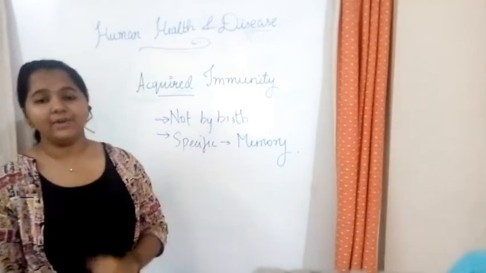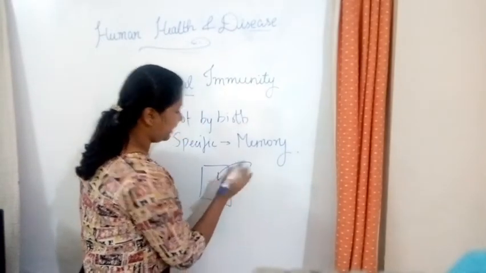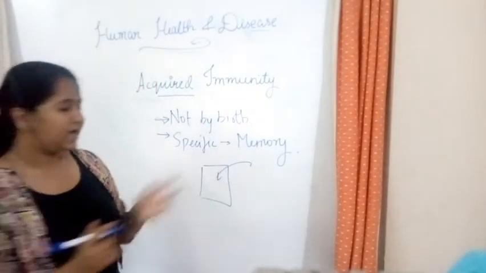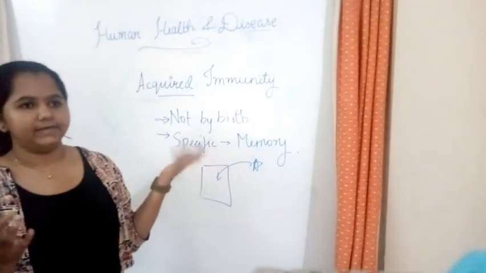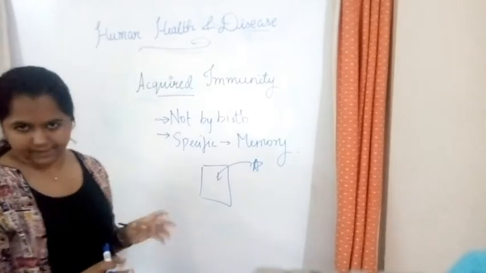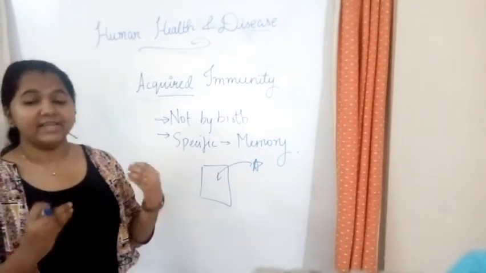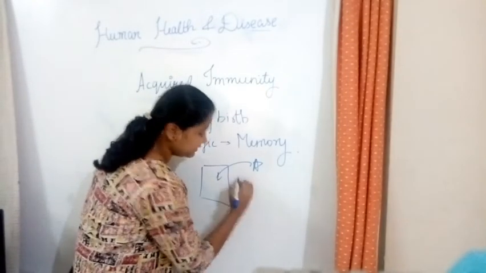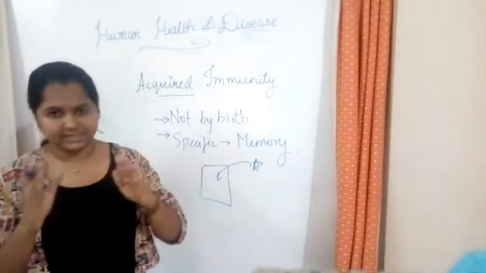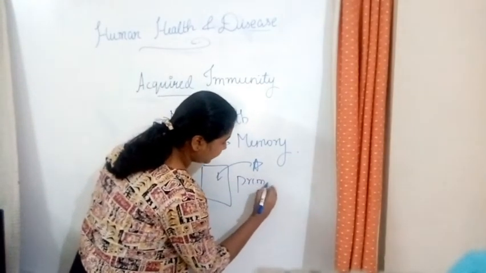Let's take a body, and the body encounters a particular type of bacteria for the very first time. So it produces a low intensity response. When it is only the first encounter, that is known as the primary response.